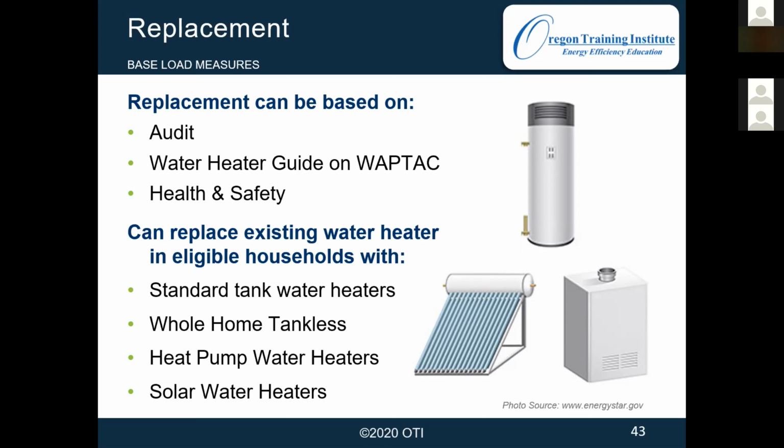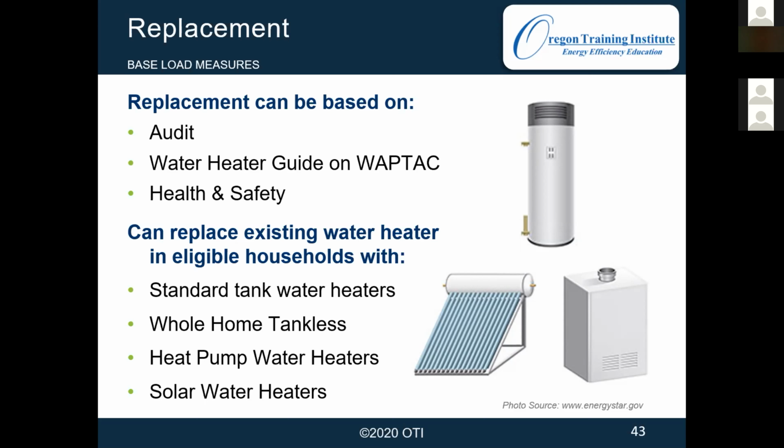Then there's also solar water heaters, and these do tend to be pretty pricey. Last time I put one in, there was about $8,000 compared to a tankless at a couple grand, and kind of the same thing for a heat pump. It's quite a bit more, but can be cost effective depending on the location and what they were using to heat their water with before.